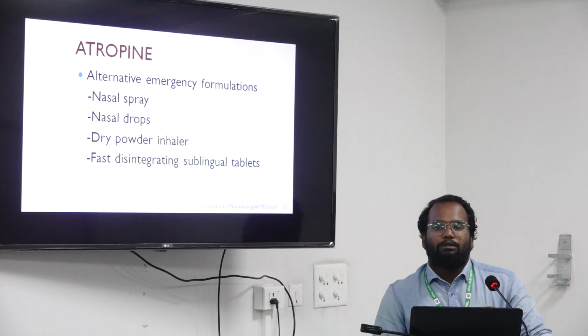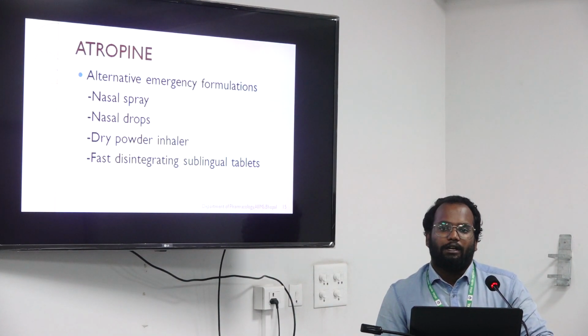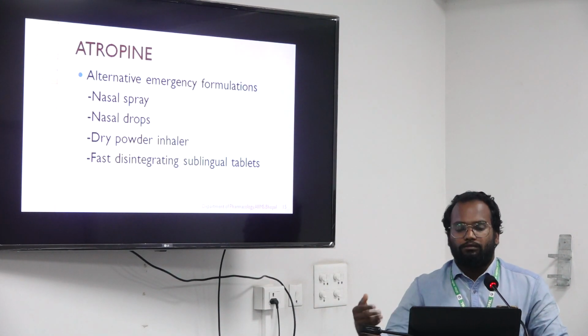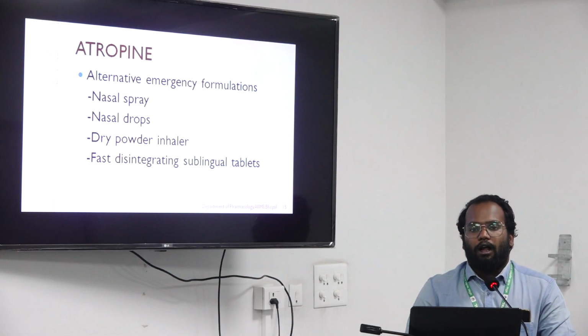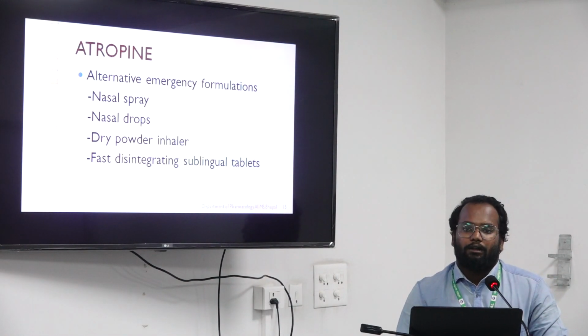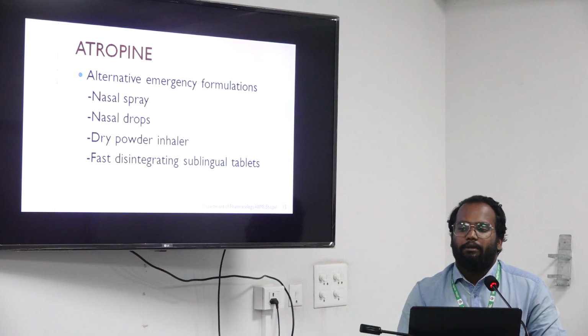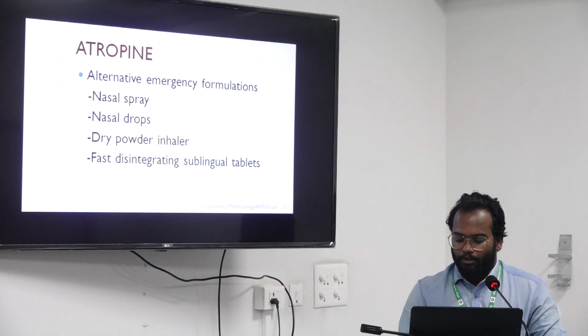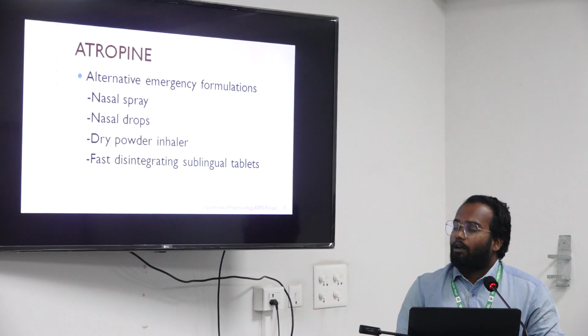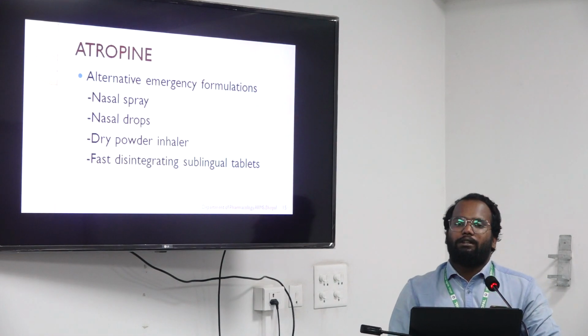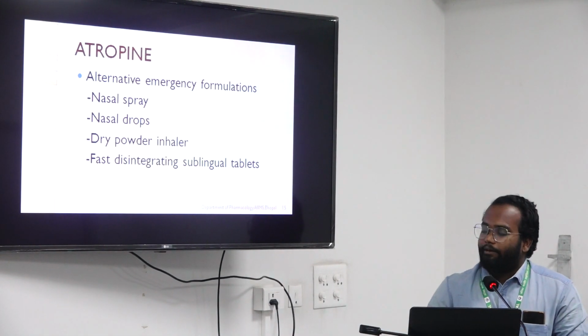So at those places we can have this kind of alternative, where a layman can administer these formulations to the patient, so the time lapse will be reduced and the prognosis might improve. That is the advantage of these formulations. These formulations are under trial.